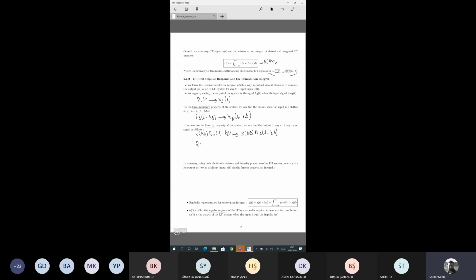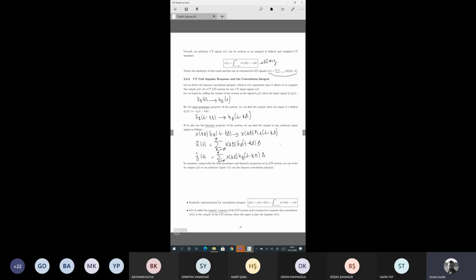And I know that x cap of t is this. So if this is the input, the corresponding output y cap is written easily using the properties of LTI: the sum of x of k delta, h delta of t minus k delta, times delta.